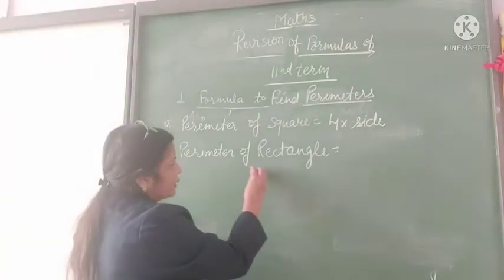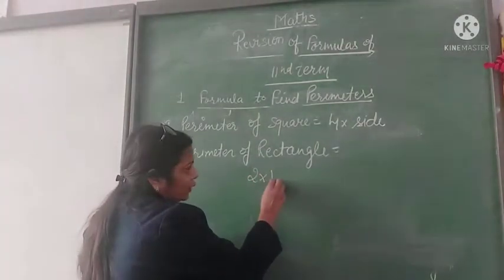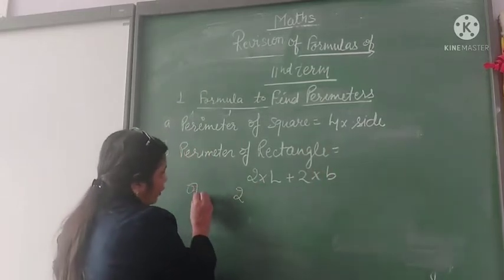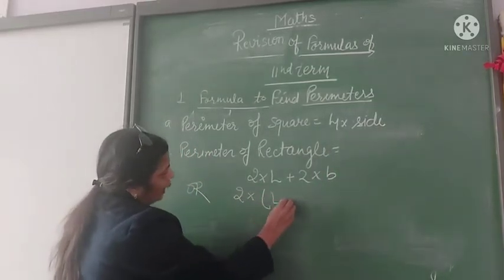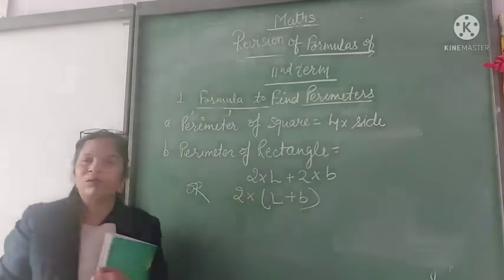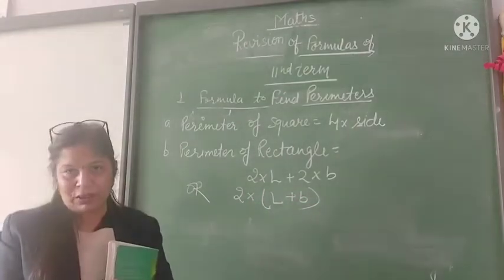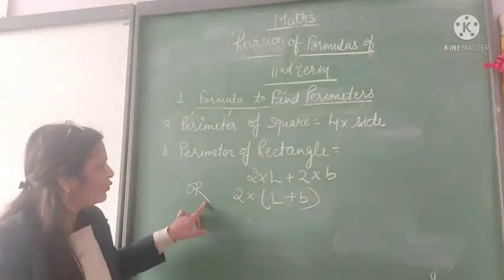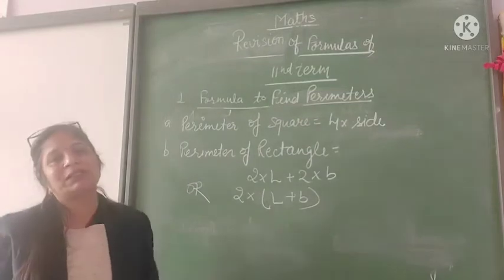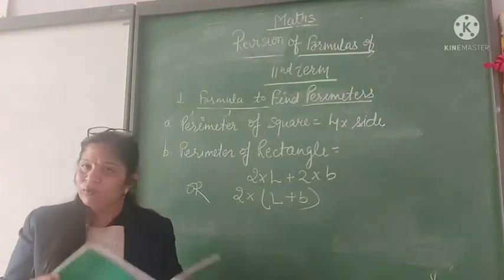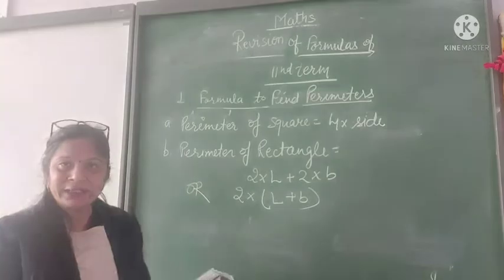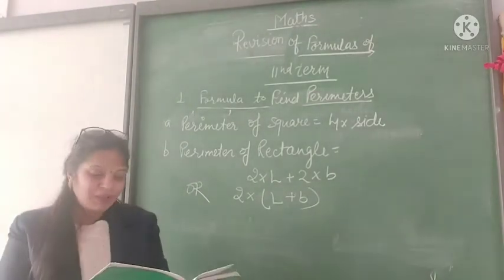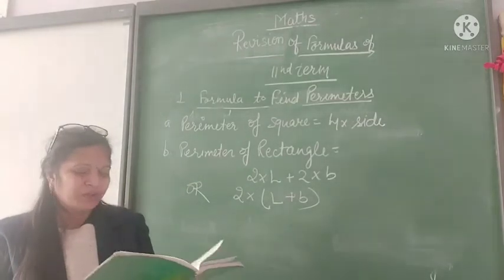So formula is either we can write 2 into L plus 2 into B, or we can write 2 into L plus B. In both the ways it is correct. If you are putting the formula 2 into L plus 2 into B, it is correct. If you are writing 2 into L plus B, it is also correct. I hope you understood this. How we are finding the perimeter of rectangle and perimeter of square. And children, please open page number 144.